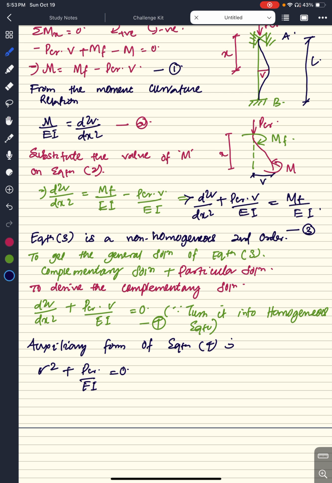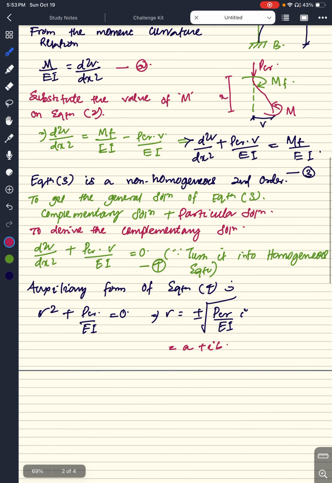Now the roots are r equal to plus or minus the square root of PCR by EI, times the imaginary term i. So this is in the form of a plus ib, right?